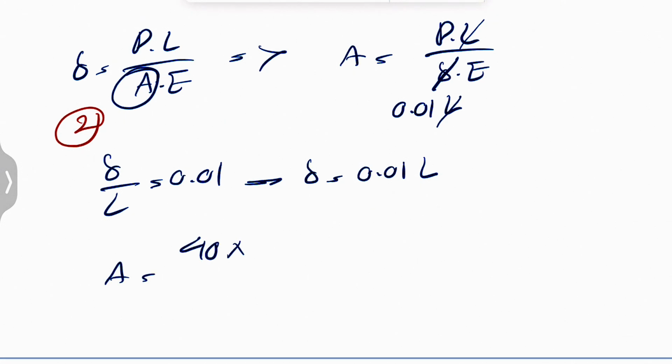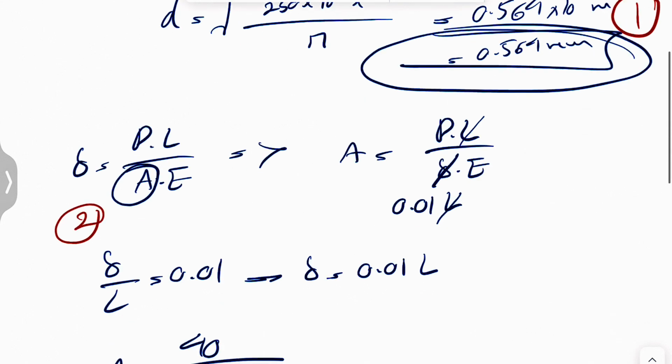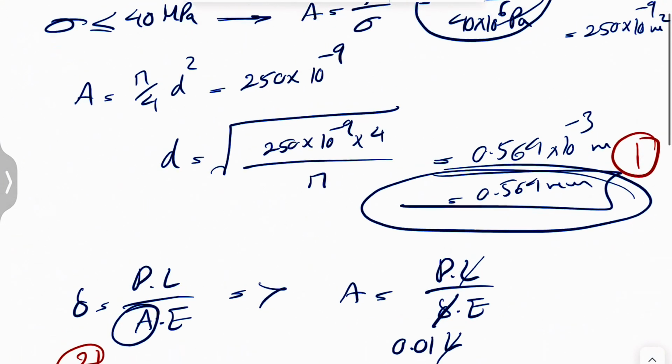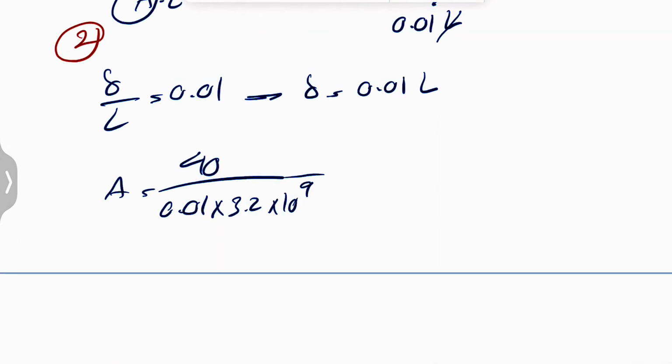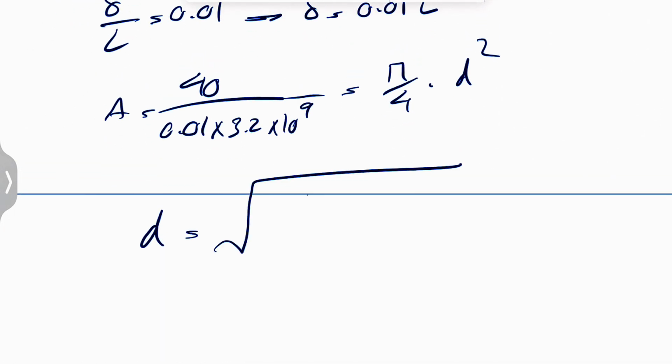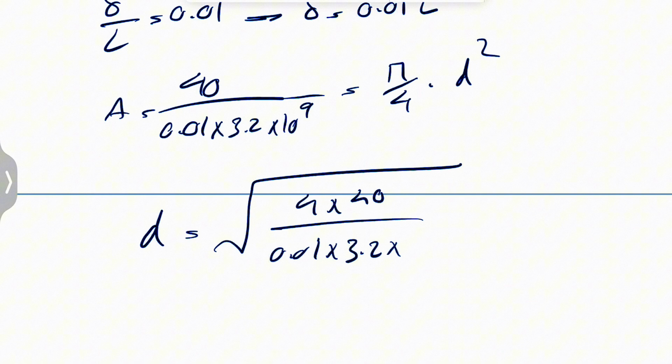The force in the numerator, and in the denominator 0.01 and the elastic modulus, 3.2 gigapascal, and this is going to be equal to the area, which is pi divided by 4 d squared. We're going to find another diameter here. I'm just going to take the square root on each side: 4 times the force over 0.01, 3.2 times 10 to the 9, and a pi in here.